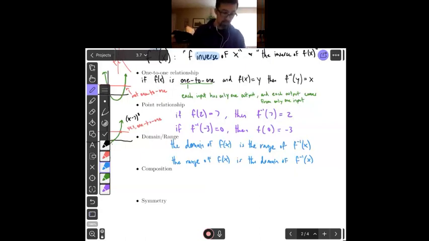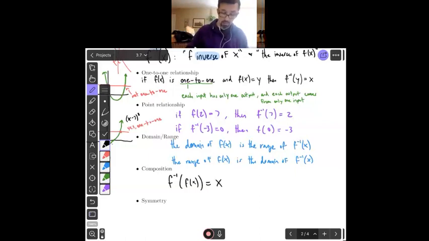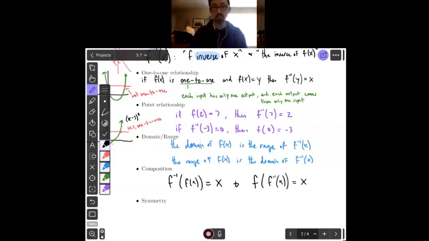Composition, the one here, again, you guys don't need to worry about too much. It's what we saw, though, that if we plug one function into the other, they will reduce to x. So f inverse of f of x would give us x back out, and f of f inverse of x would also equal x.